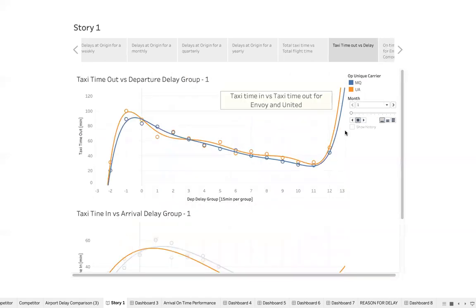And this is total taxi time out versus departure delay group, and total taxi time in versus arrival delay group. And here the delay group is 15 minutes per group, and we have 12 groups. It is aggregated on a monthly basis.